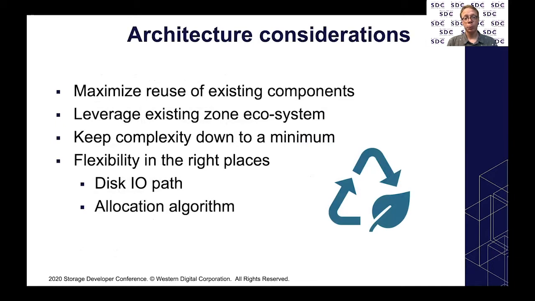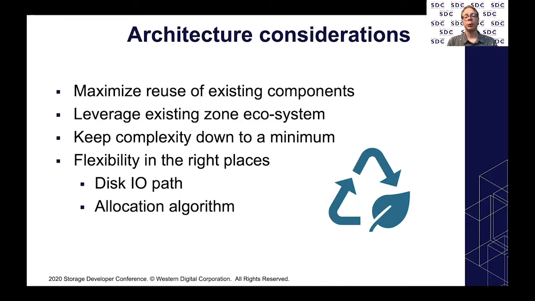So we wanted to maximize reuse of existing components and leverage the existing zone ecosystem. The zone storage support in the Linux kernel, in libraries and so on, has been out there for quite some time for shingled magnetic drives.